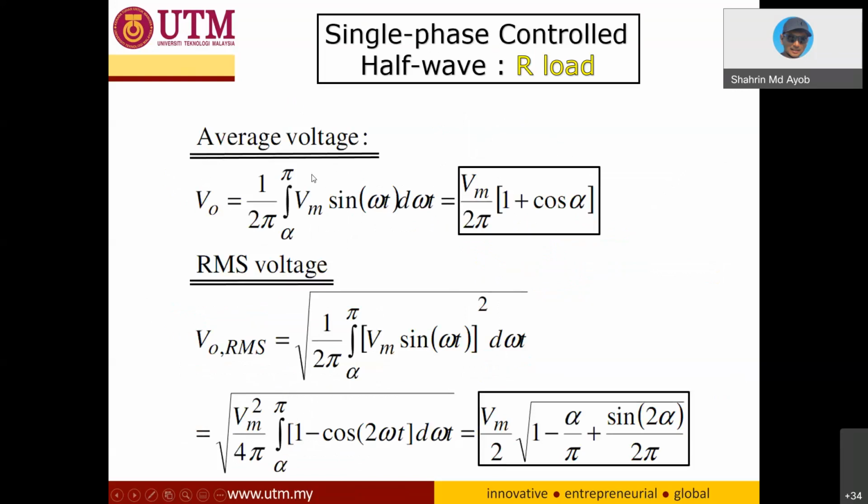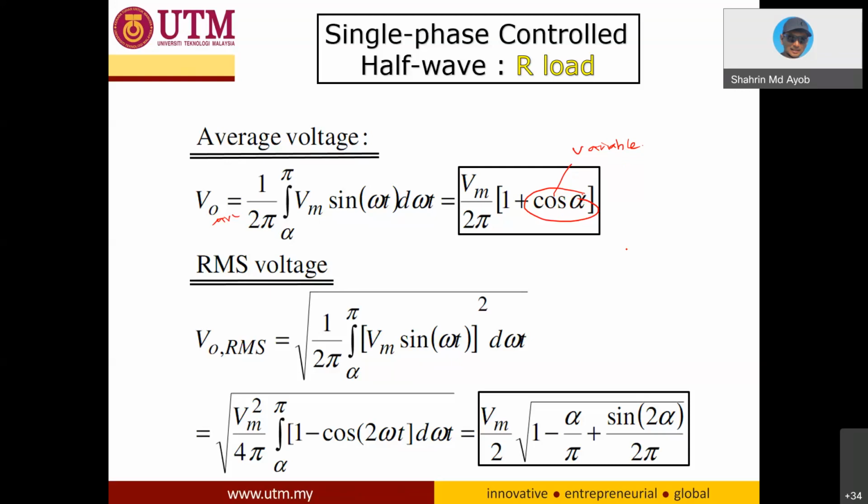You integrate this, and you will finally obtain Vm over 2 pi multiplied by 1 plus cos alpha. As you can see, you have cos alpha as the variable. So to get the V out average that you require, you can adjust the value of alpha.